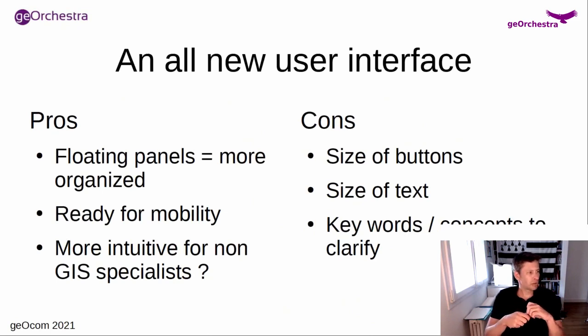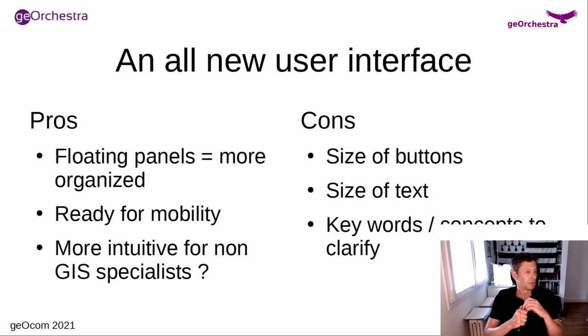It is maybe more intuitive for non-specialists of GIS, for non-cartographers, because we think that MapFishApp is entirely designed for geographers, or users or customers who are not geographers at the start.